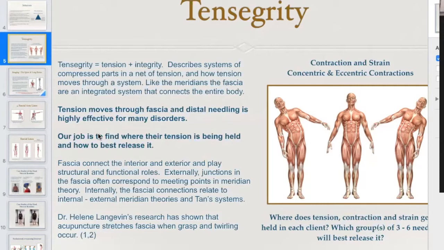Now, one thing I discuss in the course is that you really need to understand your patient and their constitution and the way that they respond. If you've got a hypersensitive person that doesn't like needles, and they're skinny and frail and anxious, and they've got liver yang rising, and you try to put 12 needles in them, forget it. You're going to lose them.